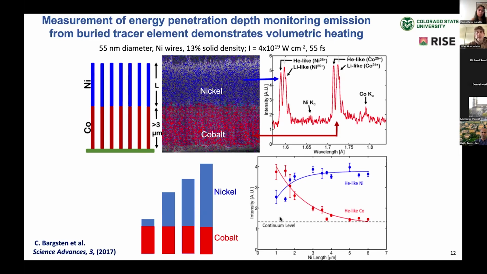We found that the X-ray emission for helium-like nickel peaks or plateaus around 3 microns, while the X-ray emission for helium-like cobalt decreases and hits the continuum level around 5 microns of nickel length. So this shows that the rate of helium-like nickel plateaus at a penetration depth around 5 microns.